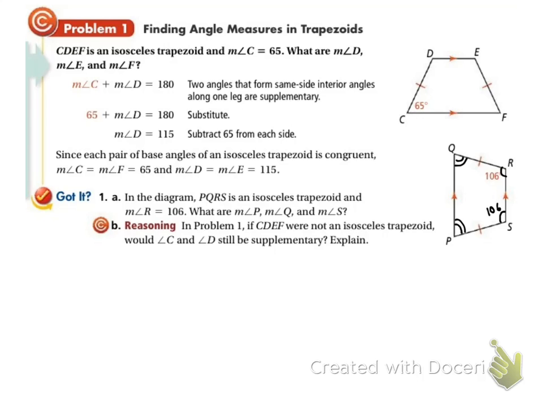So, think back quite a while. If these are parallel lines, what kind of angles are these ones right here? They're same side interior angles. And what do we know about same side interior angles? They add up to 180. So if I call this one X, X plus 106 needs to equal 180.